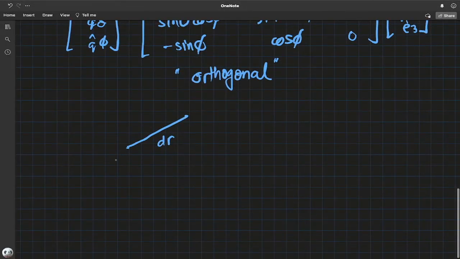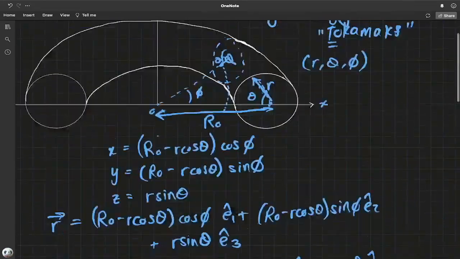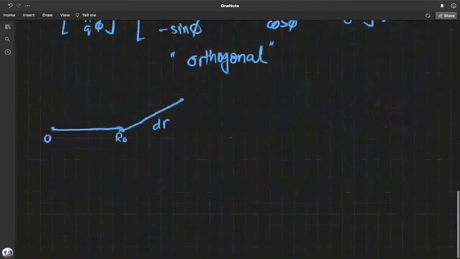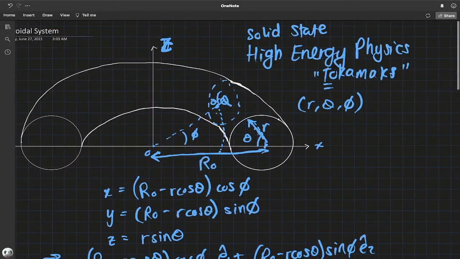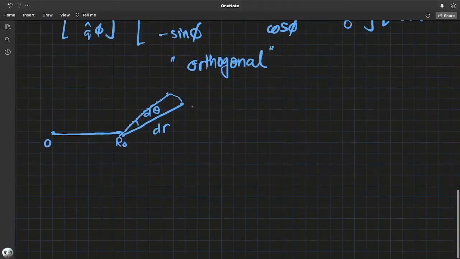This is r. This is basically at point r0 from the origin. It's dr. D theta is gonna be, say, something like this. And then d phi sort of gonna trace behind, yes, something like that.